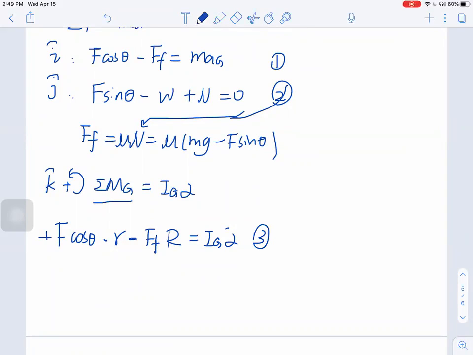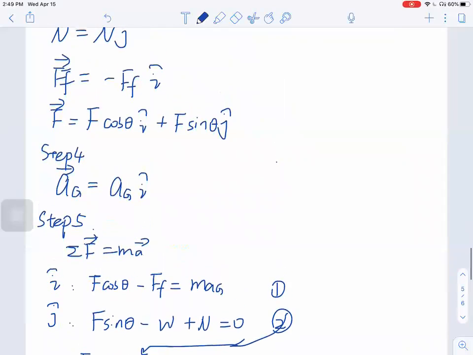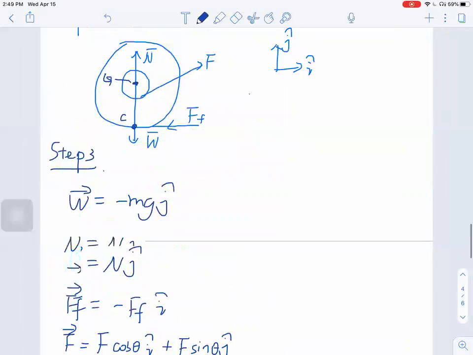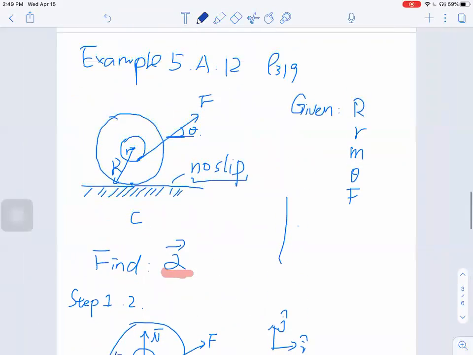And in this problem, I think we forgot to mention, it's given the radius of gyration kg. So we know kg equals 0.25. Like I mentioned in the last example, Ig equals m kg squared.